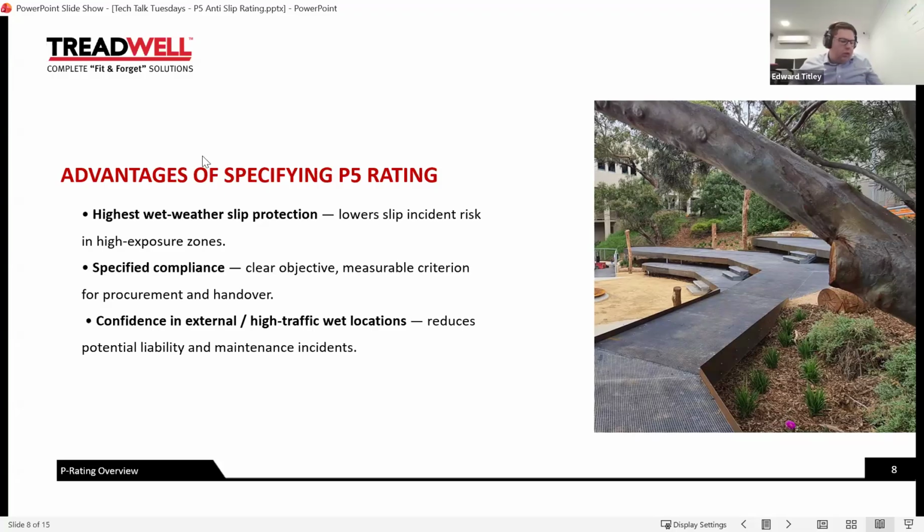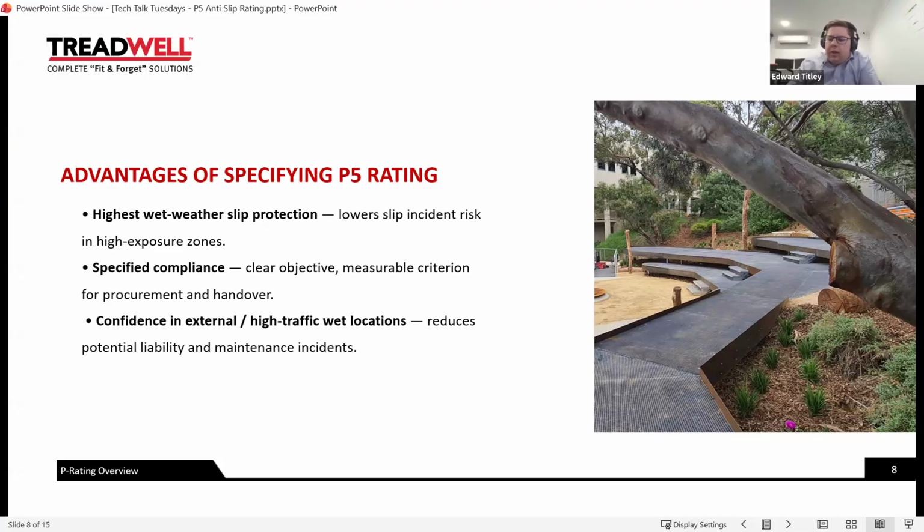It's important to also note, and this is once again not something we'll discuss in detail today, that the National Construction Code gives some minimum performance requirements around testing to AS4586 for different areas. So it's important that you consider those and use that to make an informed decision on what the most appropriate anti-slip criteria is for your project.